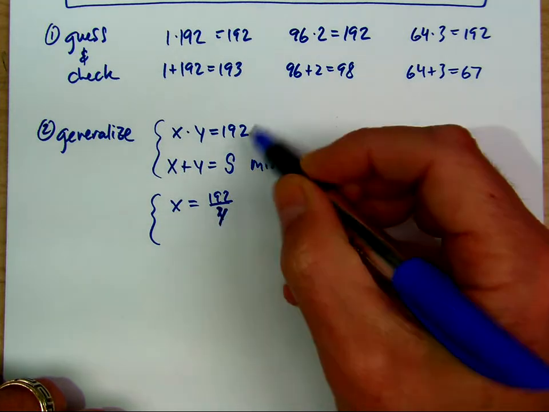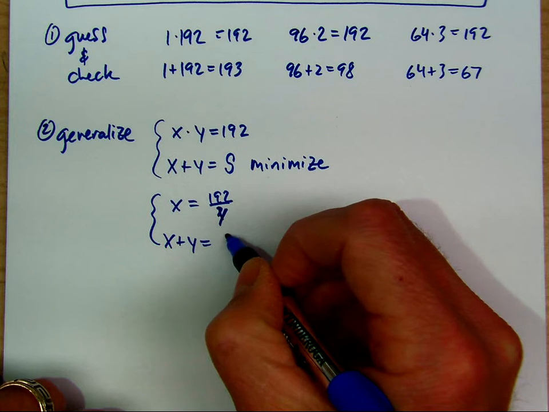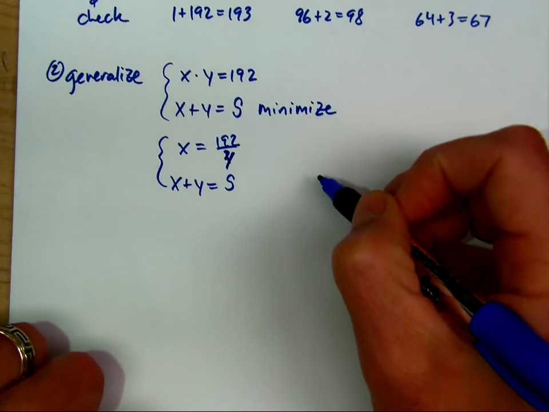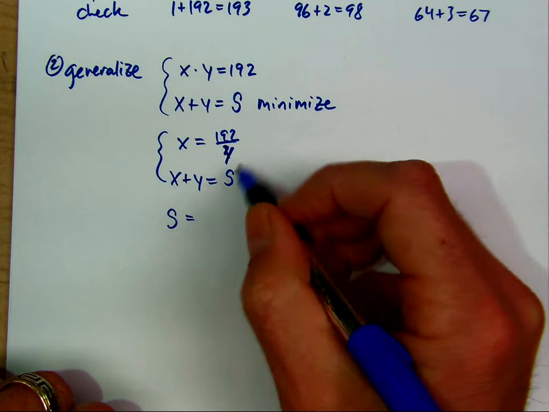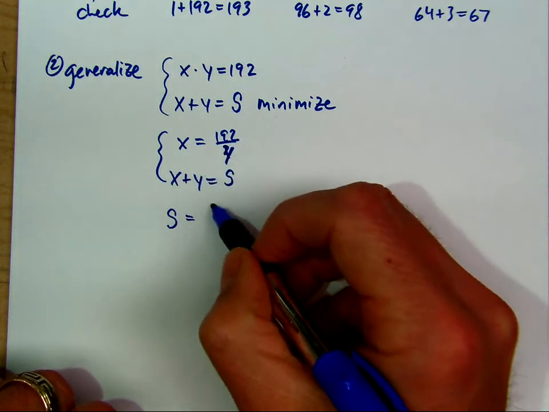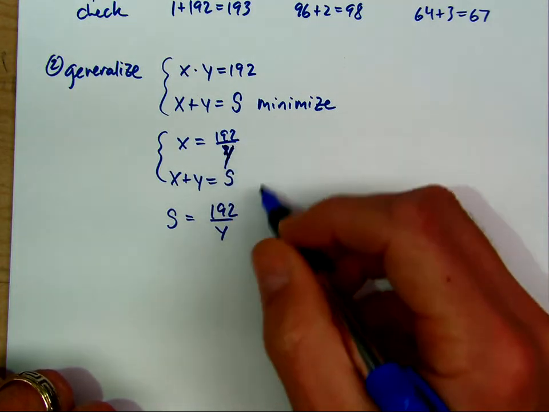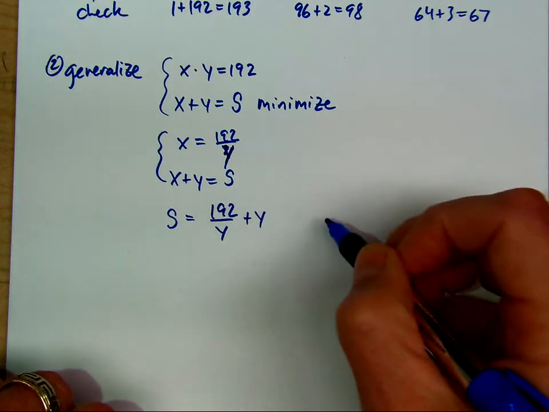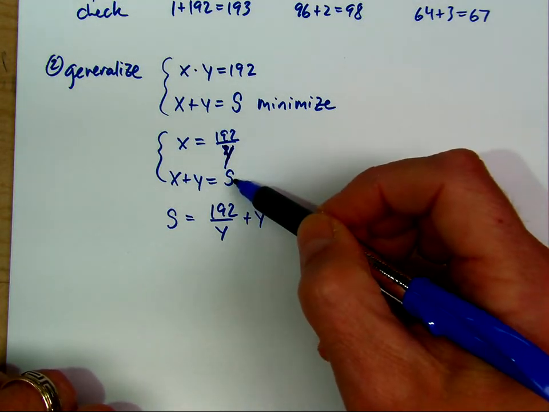Solving this equation for x, x plus y equals s. And then we have s equals, x is 192 over y, plus y. So we have this equation that we're going to optimize, and we substituted for x.